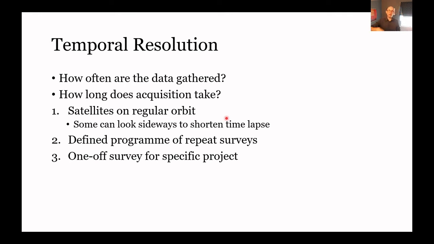So they keep coming back on a regular basis. Some commercial satellites are capable of angling their cameras so that they can increase their temporal resolution, so they can fly over or orbit over a particular spot on the Earth and photograph next to it by angling the camera, or down again, so they can increase their temporal resolution in that manner.